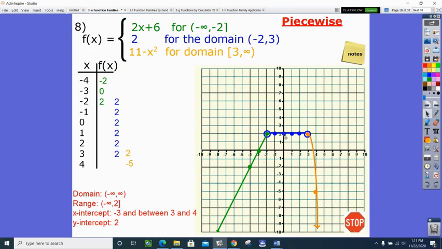So we've introduced you to 8 different families of functions. And for 7 of them, I was able to give you what is called the parent function. It's the most basic function. So you have an idea when you see a certain function rule, what the graph should look like.